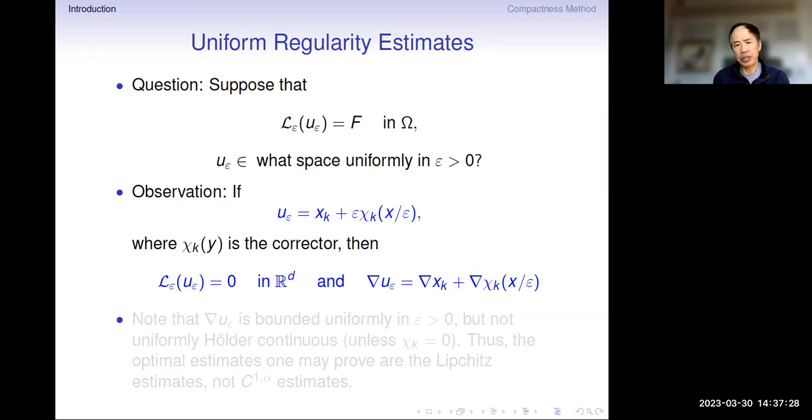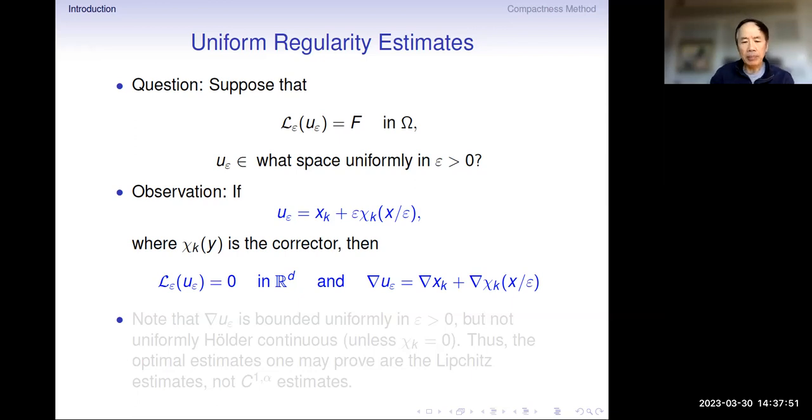The solution depends on epsilon, so it's denoted by epsilon. So what we want to know is for which space this solution belongs to uniformly in epsilon. Epsilon, say, is between 0 and 1 here.